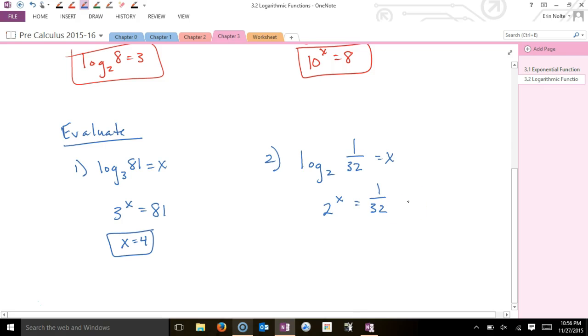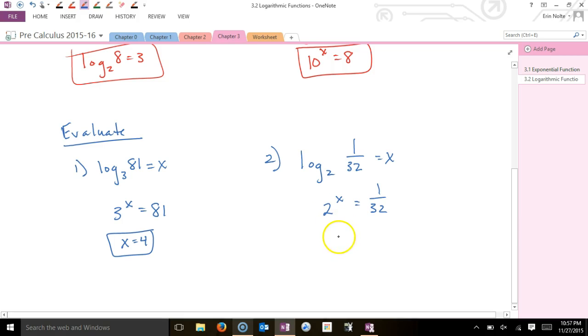At this point, this requires us to know just a little bit about exponents and how we can make fractions and make things bigger and make things smaller. What kind of exponent do we need in order to make a fraction? A negative. Okay, so try some negative numbers. 2 to the negative what? 2 to the negative 5?